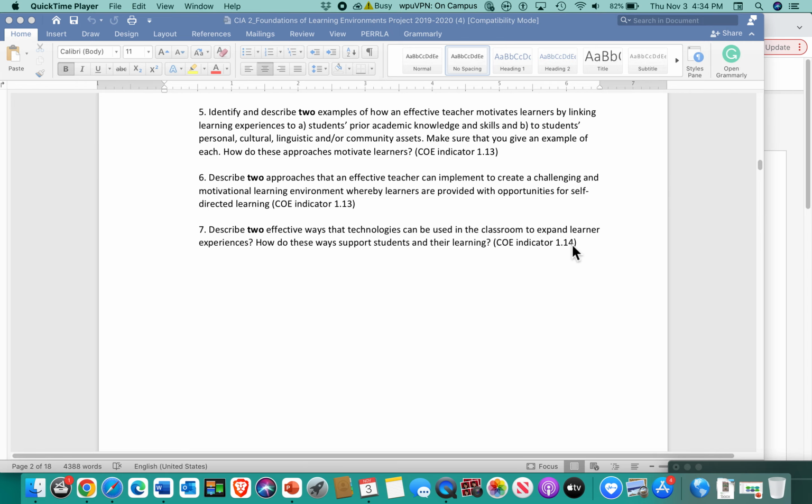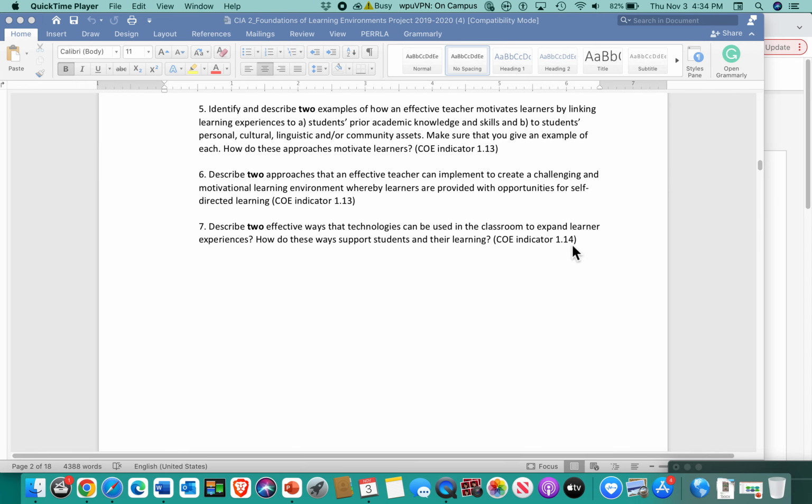Number 5, identify and describe 2 examples of how an effective teacher motivates students by linking learning experiences to A, students' prior knowledge and skills, and B, to students' personal, cultural, linguistic, and community assets. Make sure you give an example of each.